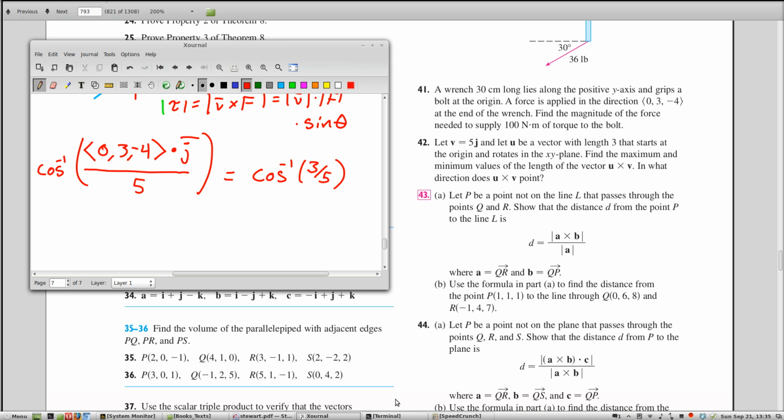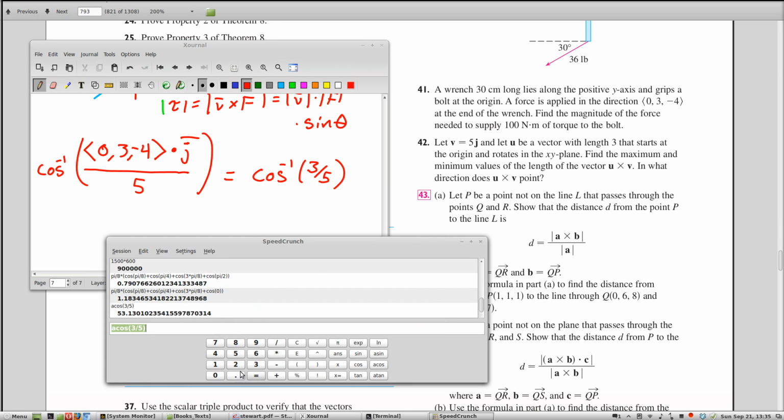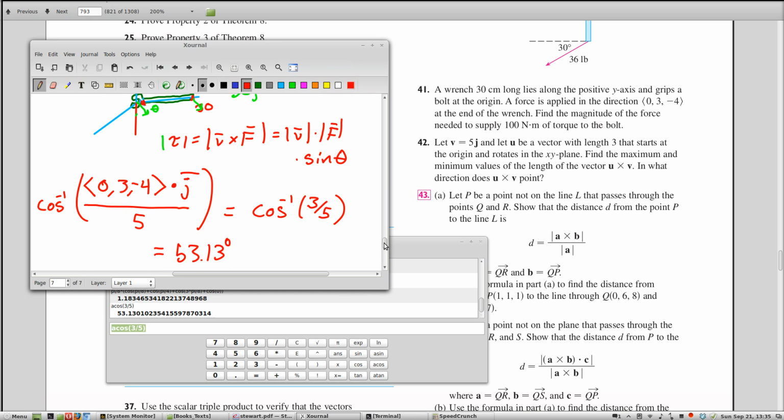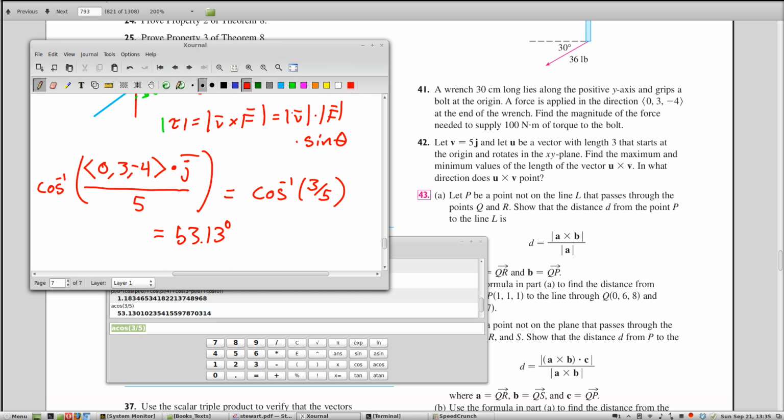And what is that? We already did that before. Wow, weird. It's that same angle, 53.13 degrees. All right, so that's the angle theta.